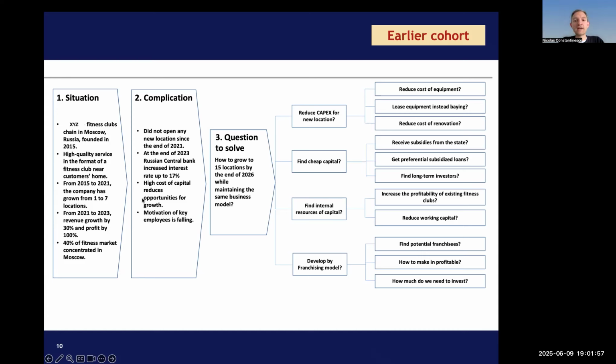So then the question tree. Level 1 is very good. I think basically it's a question about finding sources of financing, right?